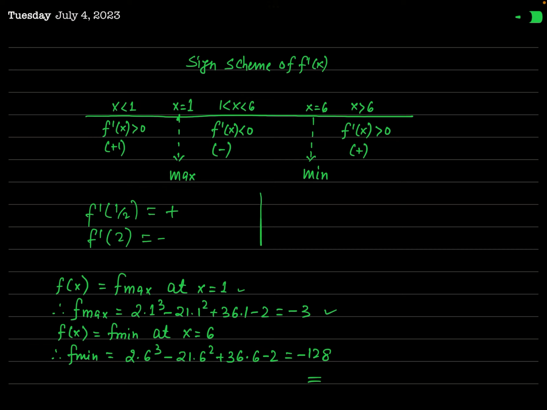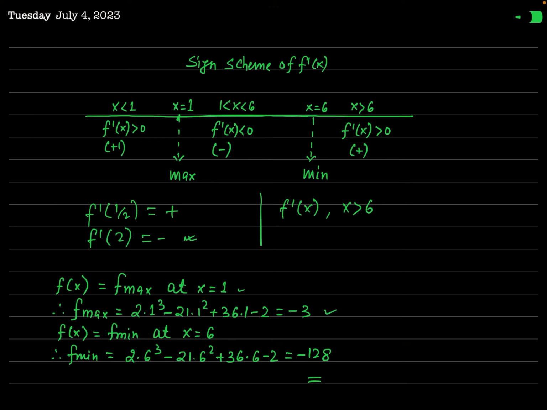Now let us check the sign of the function f dash of x when x is greater than 6. You have learnt that when x will lie between 1 and 6, then the function f dash of x is negative. You have already done it here.